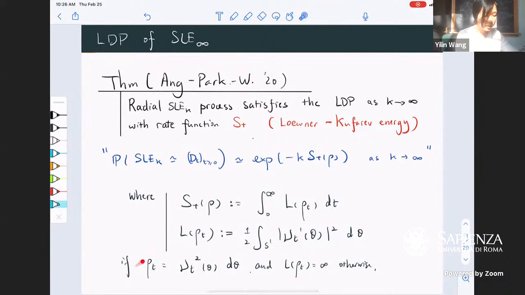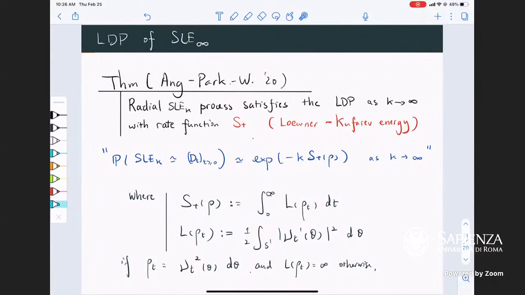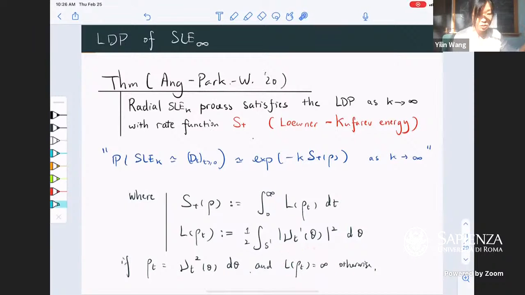So already here, you can see that for L of rho t to be finite, rho t has to be quite regular. It has to be absolutely continuous with respect to Lebesgue measure. All the Dirac measures are ruled out. Moreover, not only does it have a density, but the density itself is the square of some W^{1,2} function, some function with finite Dirichlet energy. And we just set L of rho t to be infinite if it's not the case.